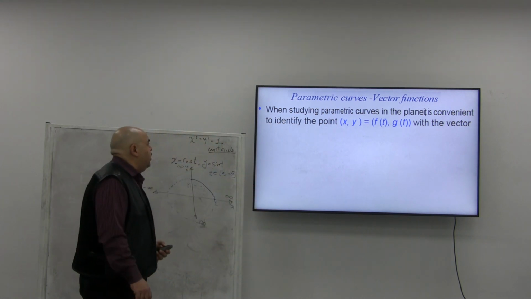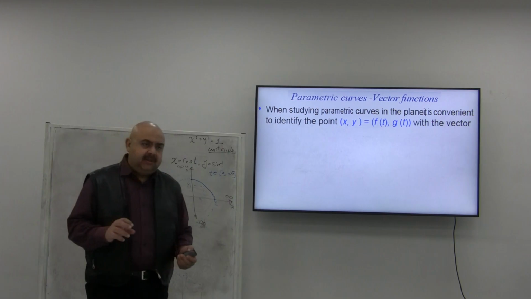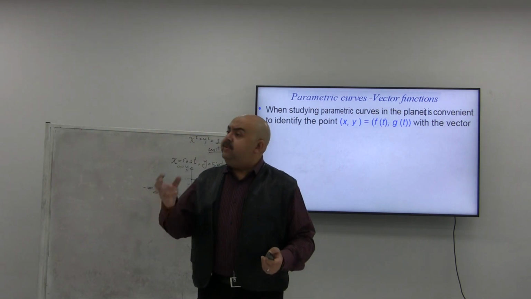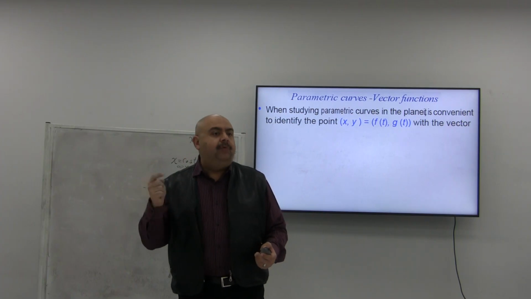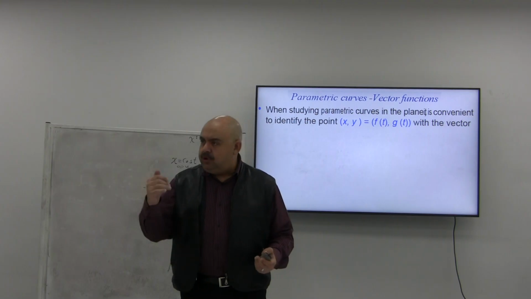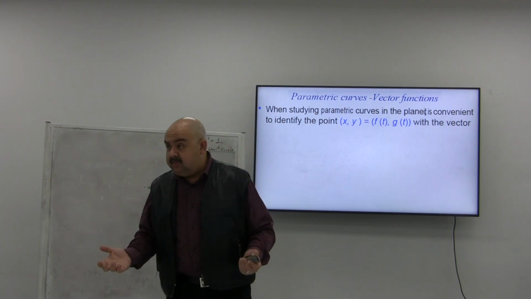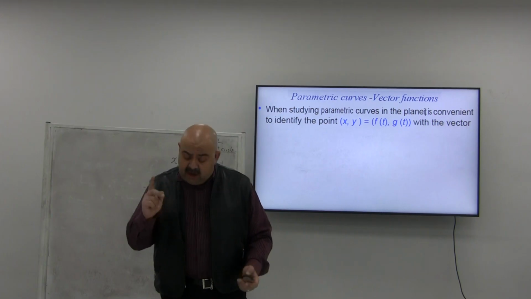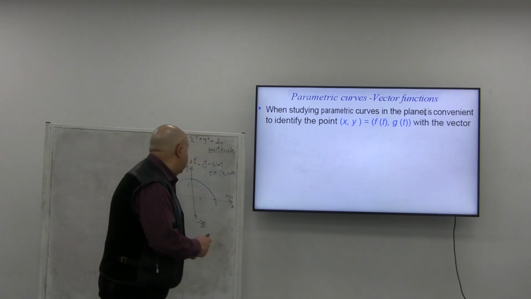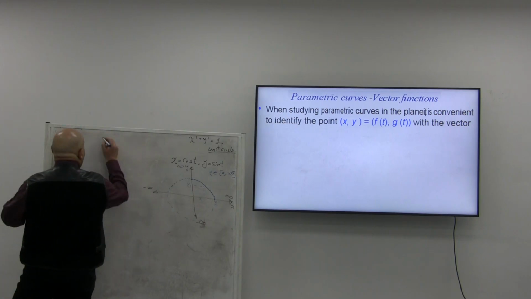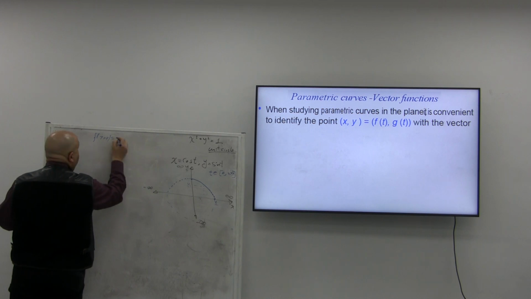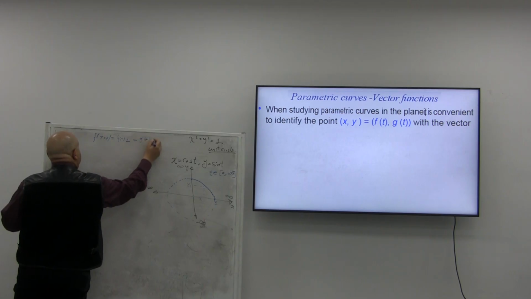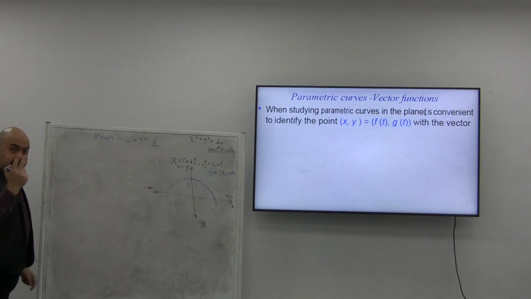What is a parametric curve or a vector function? In 3D, we can represent certain functions as shapes, but it can also go for functions in the x direction, y direction, and z direction in a similar manner. If you are talking about a function in 2 dimensions, I can represent it parametrically as an f of t in i plus a g of t in j, for example, if I am talking about R2.